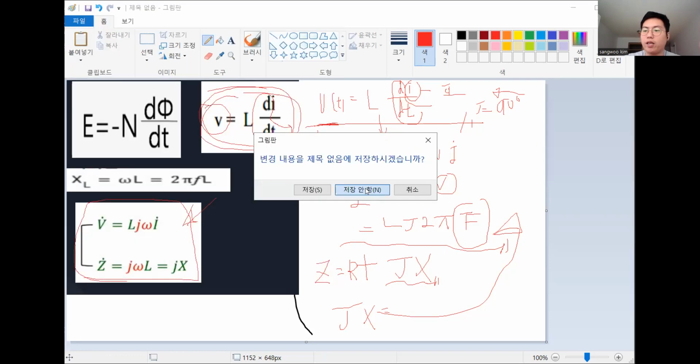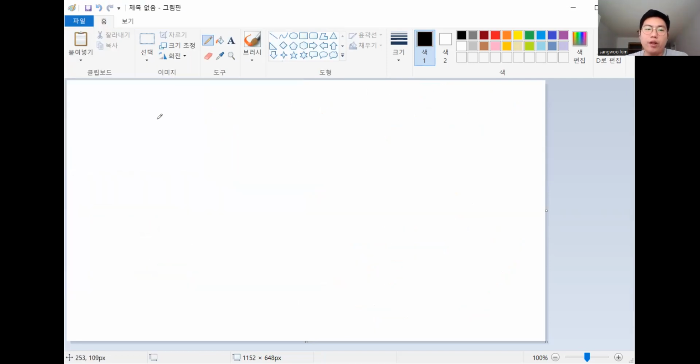So what I want to say is, first of all, the inductor, the coil, is an inertia component, right? For example, this is a car. If it runs at fast speed and we want to stop it, the inertia is really strong, right?